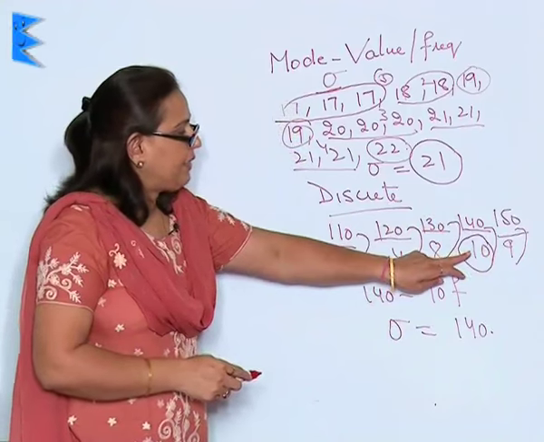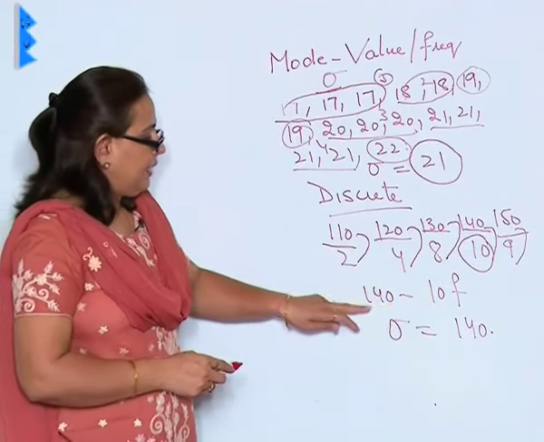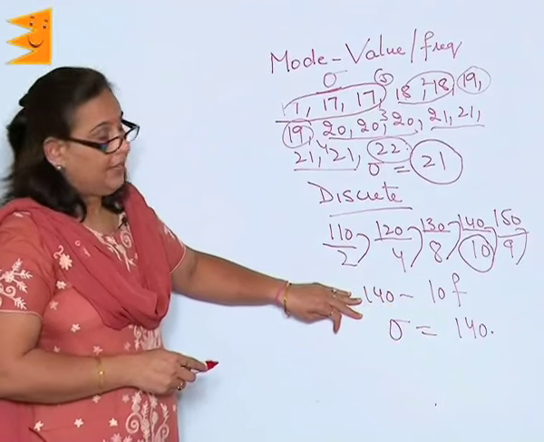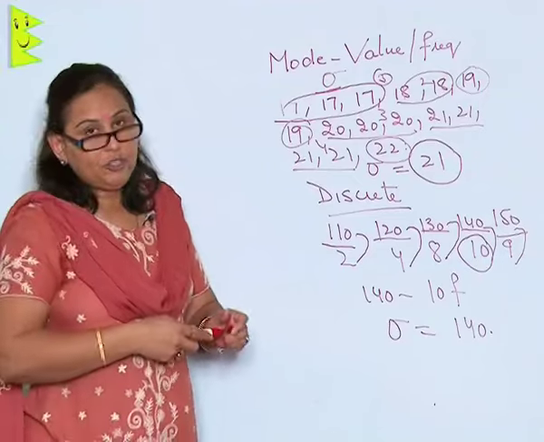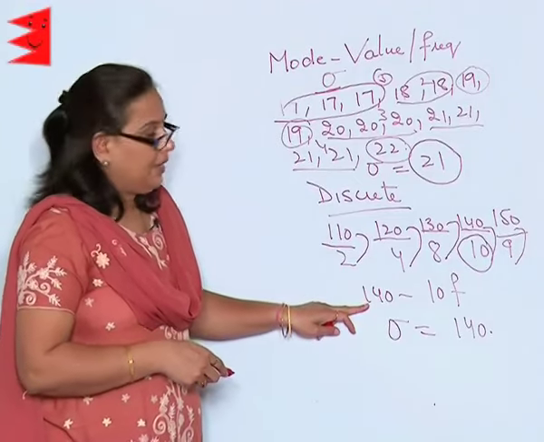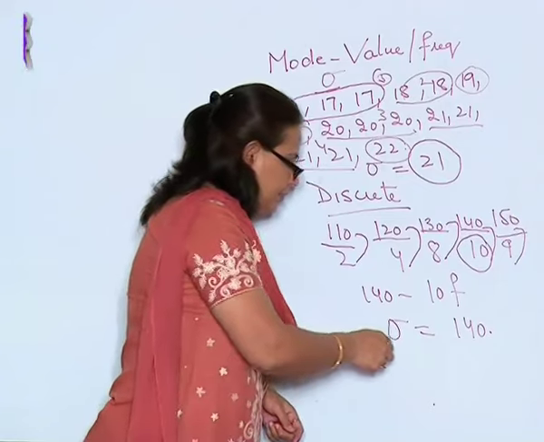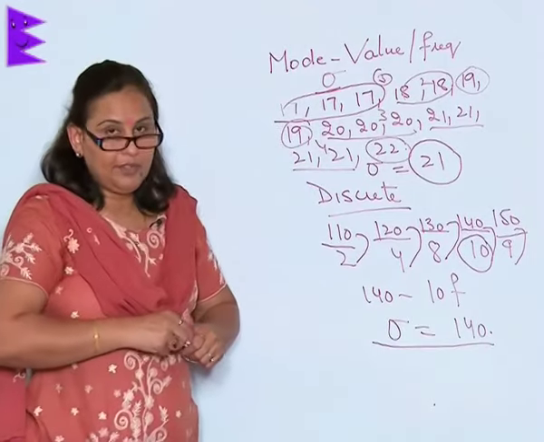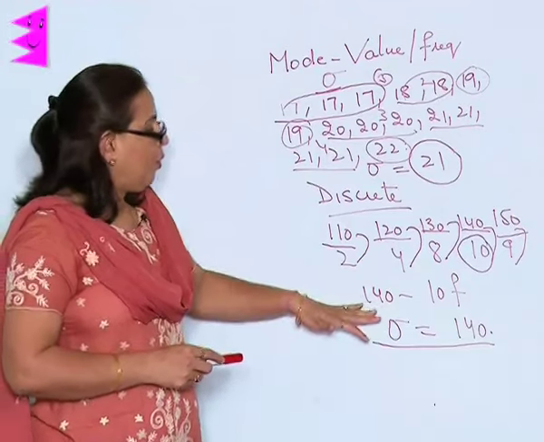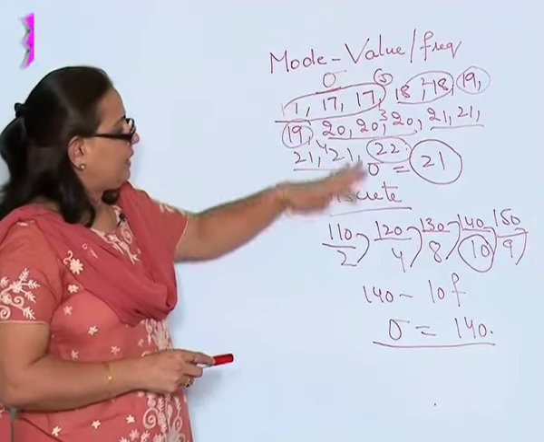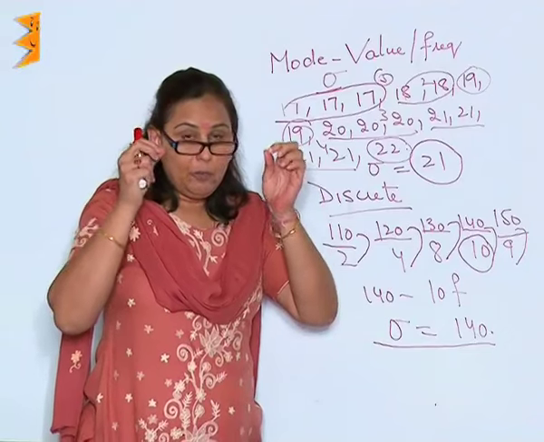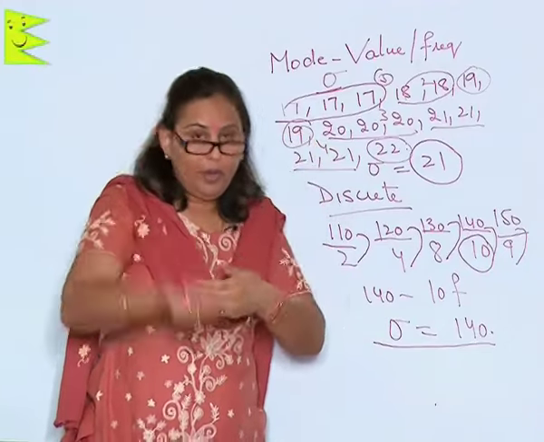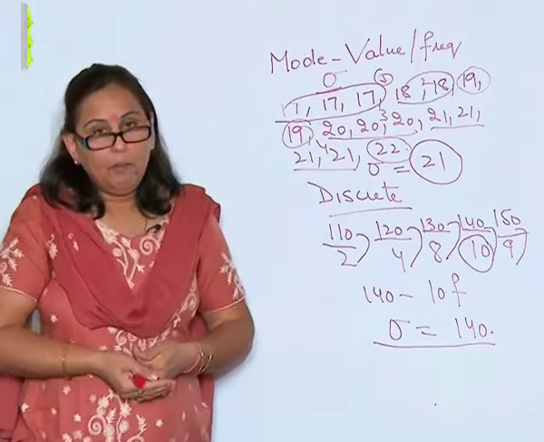The frequency 10 is occurring most frequently, that is 140 marks are obtained by 10 students. More students have secured 140, which means the mode is 140. So, it is a very simple method of finding the mode in both the individual series and the discrete series, where we see which occurs more frequently, whichever value is more, that is the mode of the series.